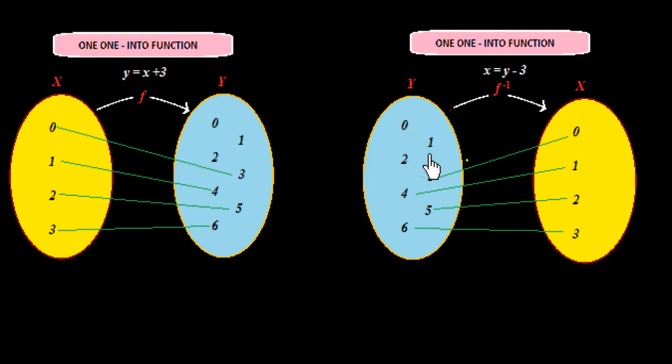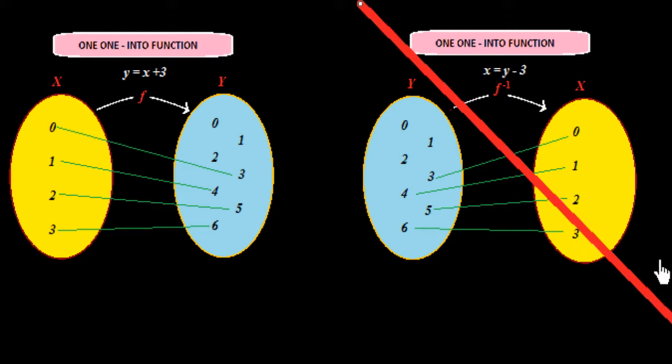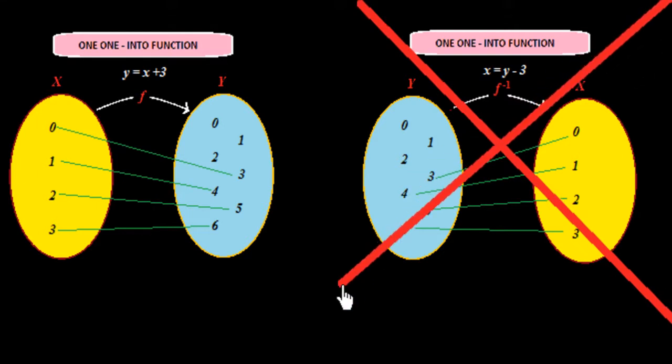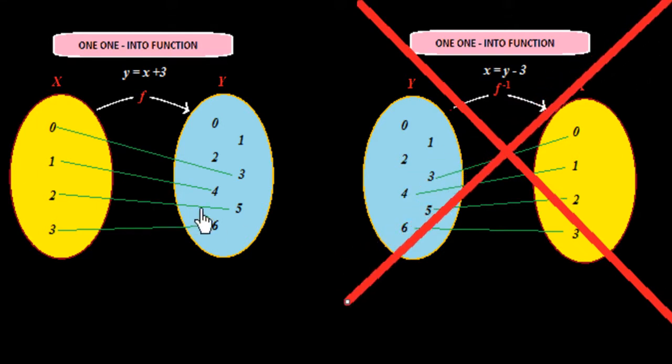There is no minus 3. These elements are not associated with the elements in set x here. They are free elements on the x side. So it is not a function. So the inverse of this function is not possible for a one-one into function.